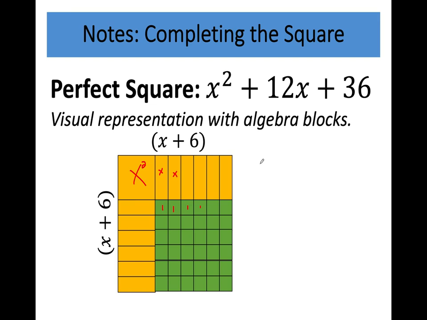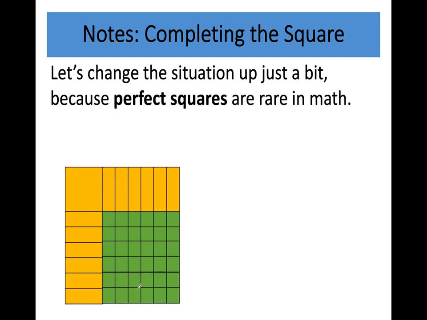This is the visual representation of the box method we've done with multiplication. We can see that this is x plus 6 quantity squared because it's x plus 6 times x plus 6. Well, what happens if we change this situation? See how this is legitimately a perfect square.